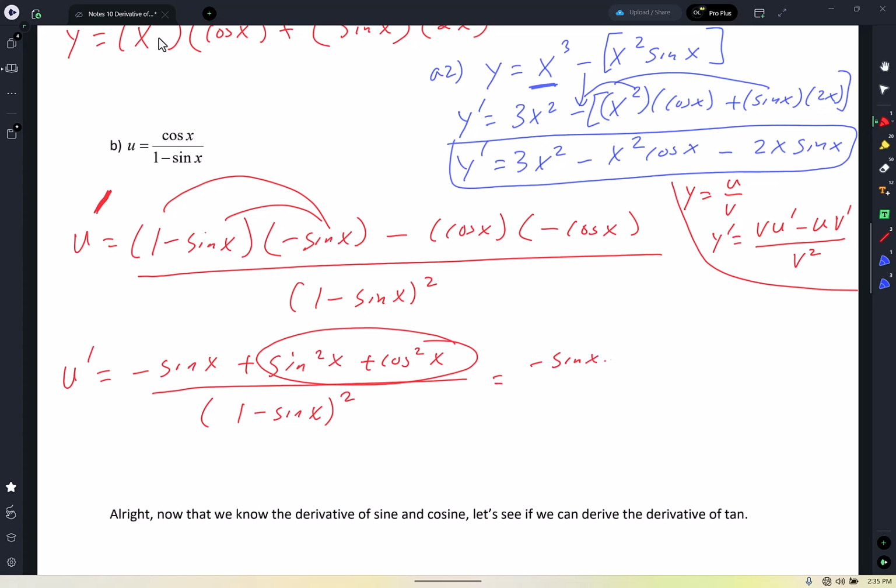Negative sine x plus 1, over (1 minus sine x) squared. I'm going to rewrite it so the factors look the same, in the same order. And now what can I cancel? Yeah, 1 minus sine x. Cancel, cancel. So your final answer, u prime, is equal to 1 over 1 minus sine x.